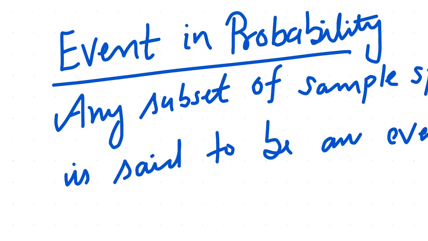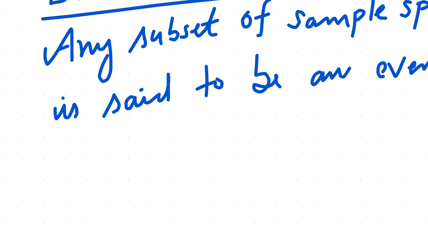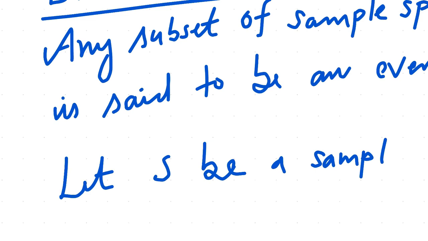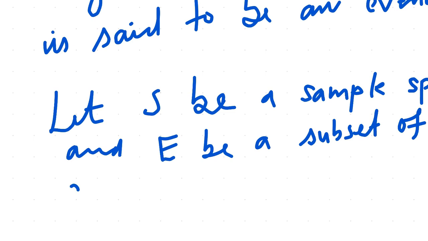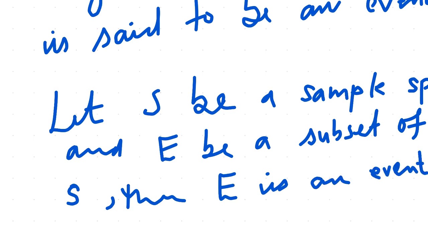We can define it as: let S be a sample space and E be a subset of the sample space S, or we can say E is a subset of S, then E is an event. Okay.